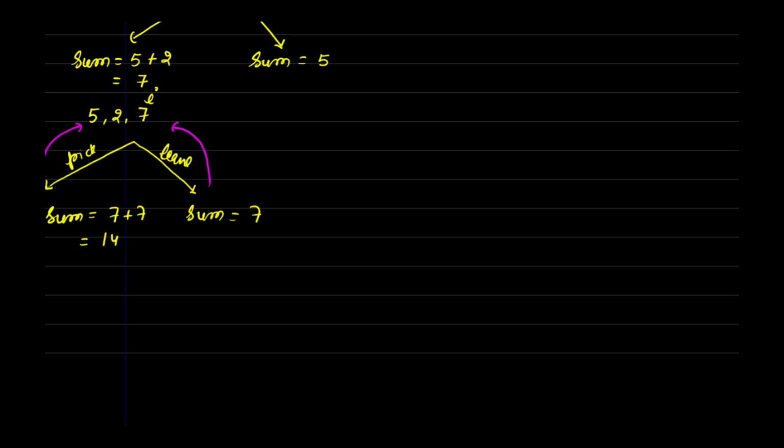Here at the last, sum 14 has the subset in the array 5, 2 and 7. And here 7 only.